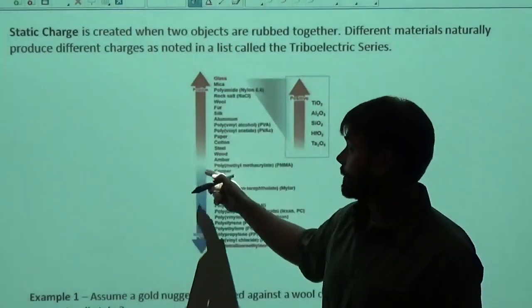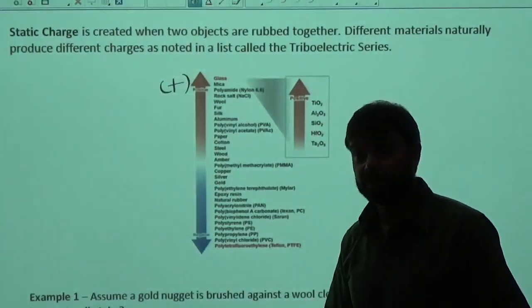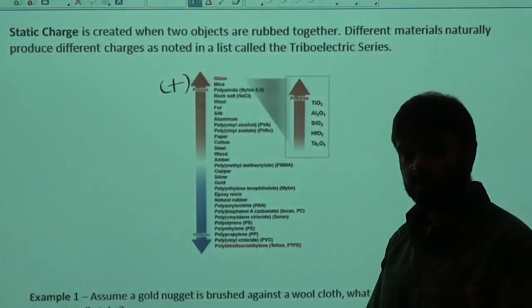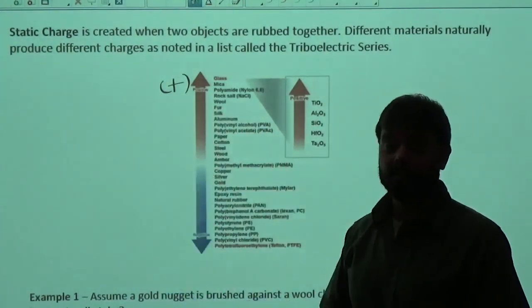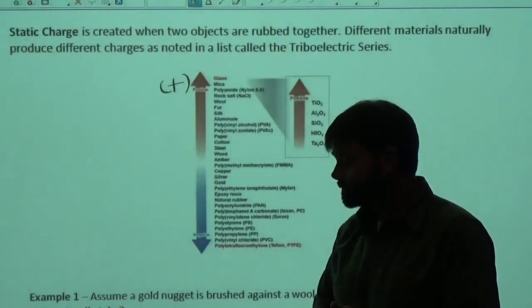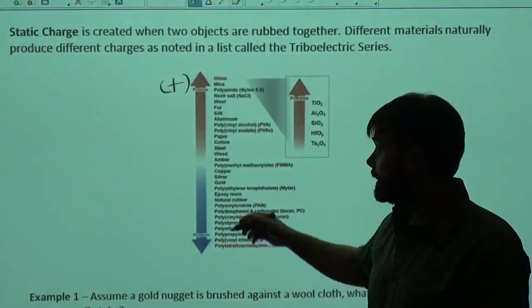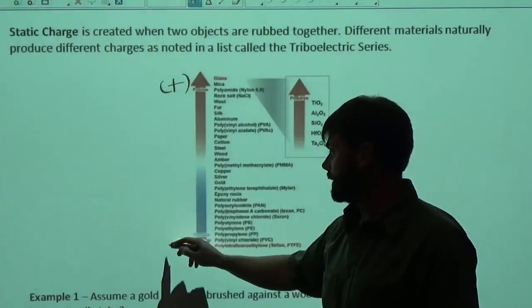Things that are high up on the top of this list are things that would likely take on a positive charge, which means they would most easily lose electrons. So let's say, for example, I had a sample of wool, like a pair of wool pants, or just like a wool blanket or something like that. And let's just say we went further down on the list here somewhere, and let's just say you looked at gold.